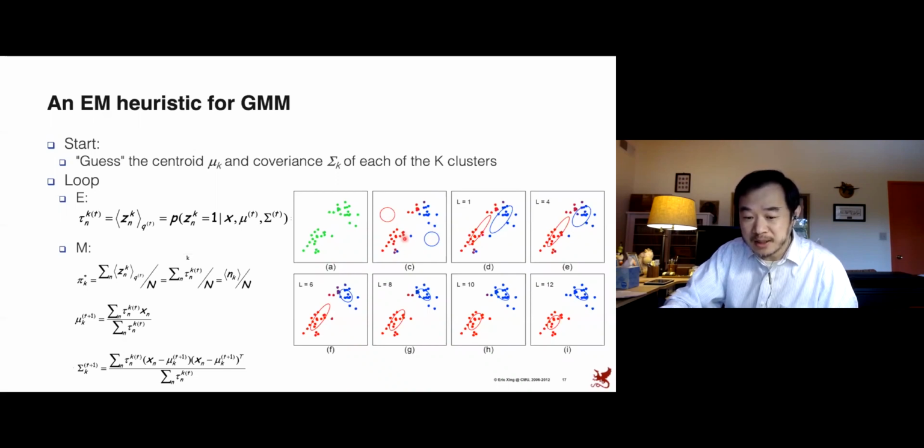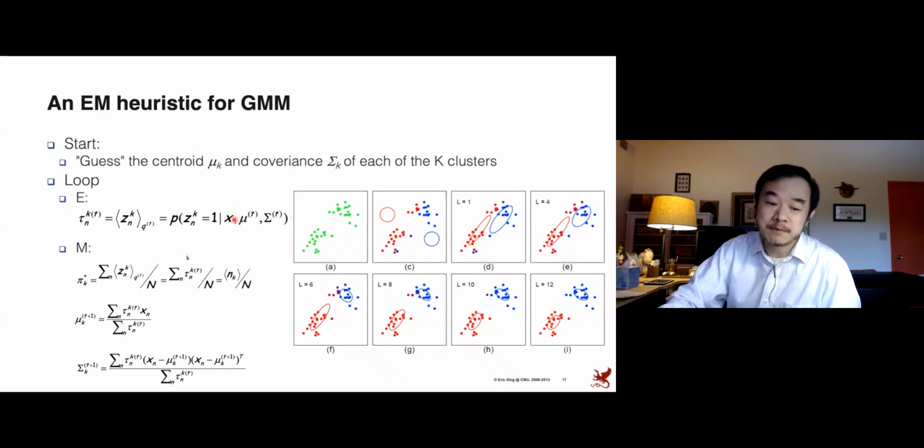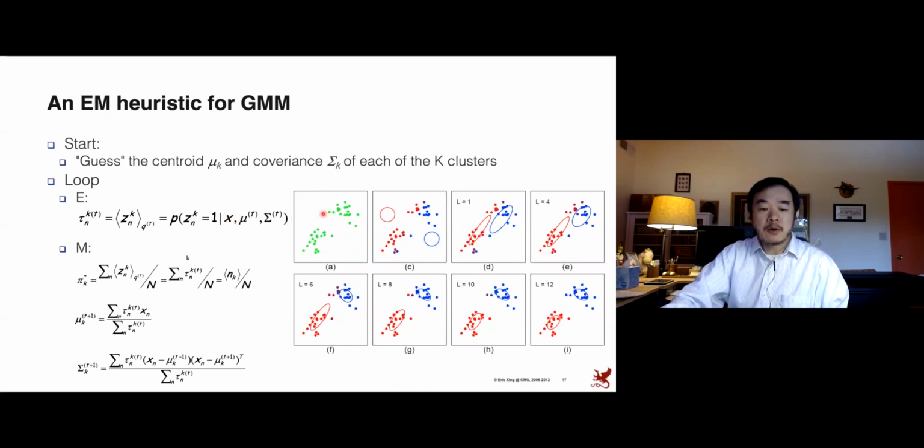So you can imagine how this particular point may have a p of z given x to be half-half. That's possible. Or maybe 0.4 versus 0.6. Right. Okay, so now you are going to keep all this estimation. That's why it's called the E step. It is the estimation of the probability of a data point x being assigned to one of the k possible clusters.